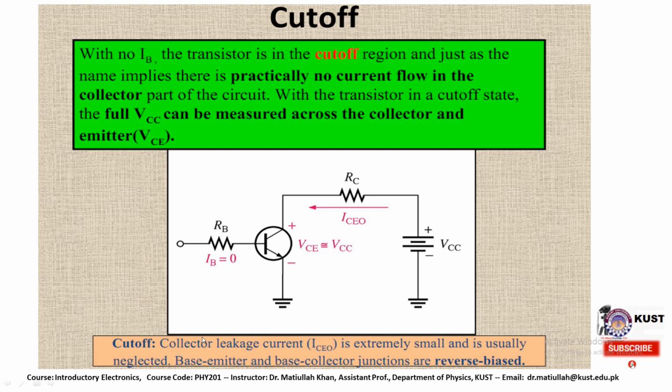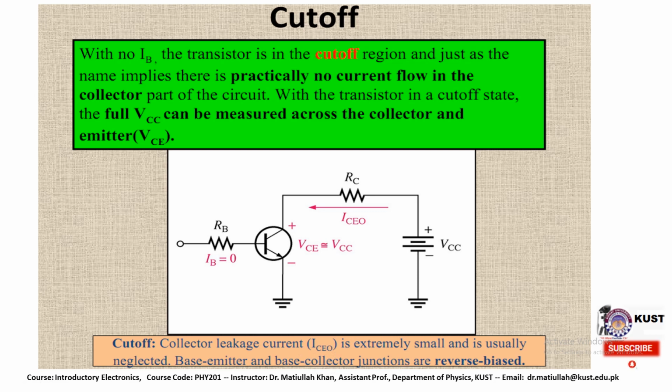The collector leakage current, that is actually called ICEO, is extremely small, and that is usually neglected. The magnitude of the collector leakage current is very, very small, and that is normally ignored.